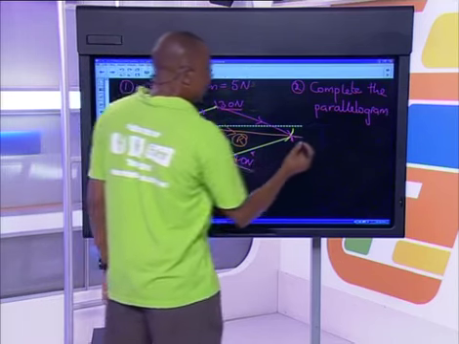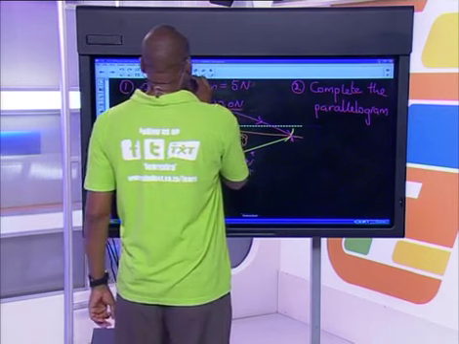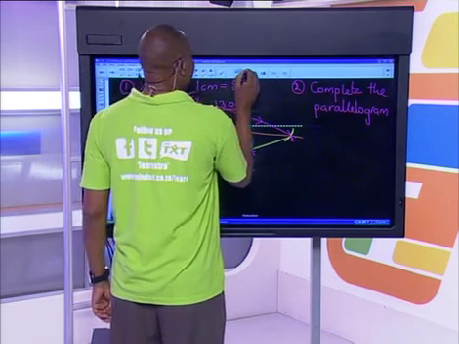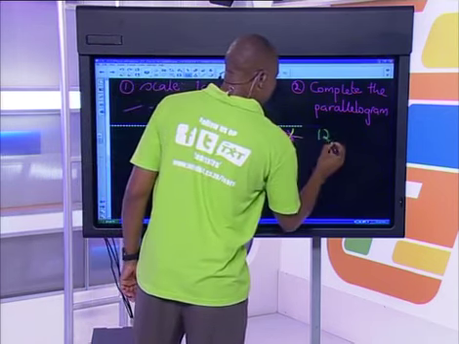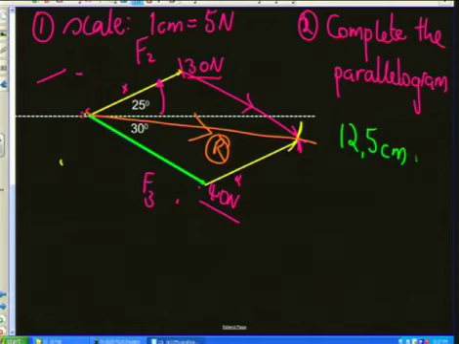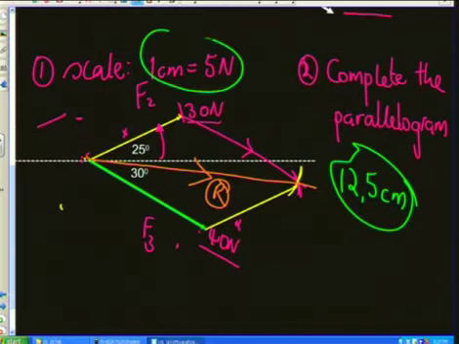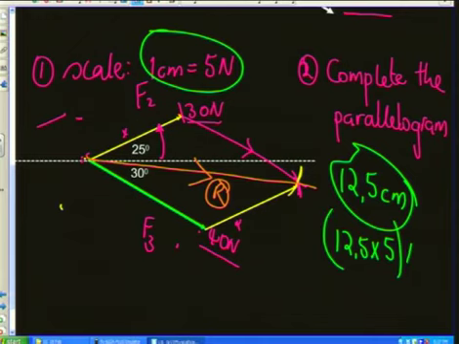If I measure it correctly, and if you measure it correctly, it will give you something like 12,5 centimeters. Now, according to the scale, 1 centimeter is 5 newtons. It means that you would have 12,5 times 5 newtons for that force.